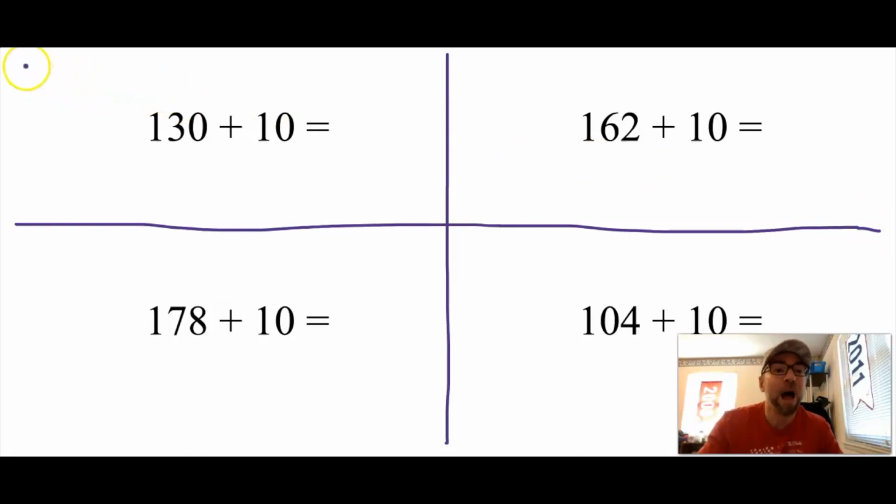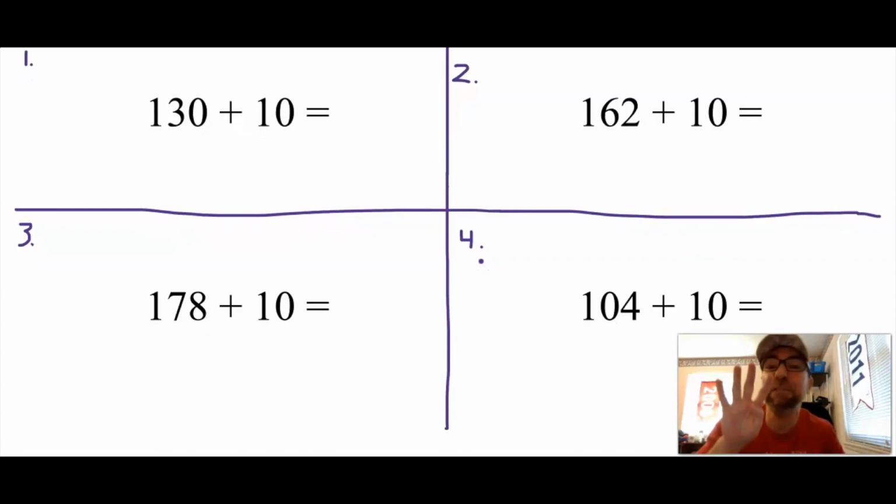So we have box 1, box 2, box 3, and box 4. Go ahead and hit that pause button and try to solve these 4 problems on your whiteboard. When you're done, hit play. We're going to see if you were able to do these problems in your mind.